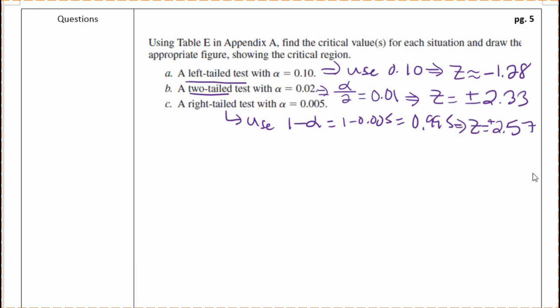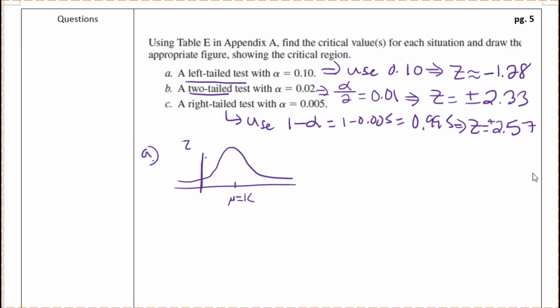So let's show you the picture for these guys. So A, we have a bell curve. Here you have your mu, whatever the mu is, we're not sure, depends on the problem, right? So your mu is in the middle. We'll say that mu is equal to some value k, whatever k is. And then we're doing the left-tailed test. So we're over here.